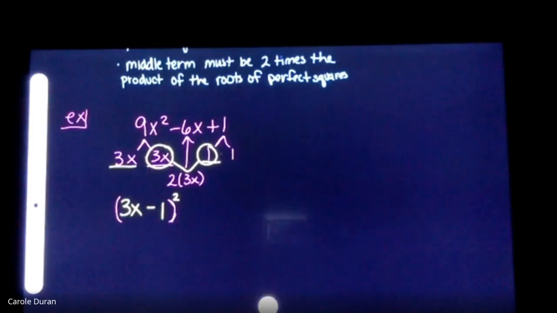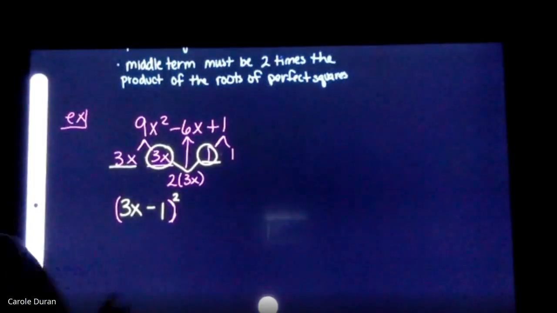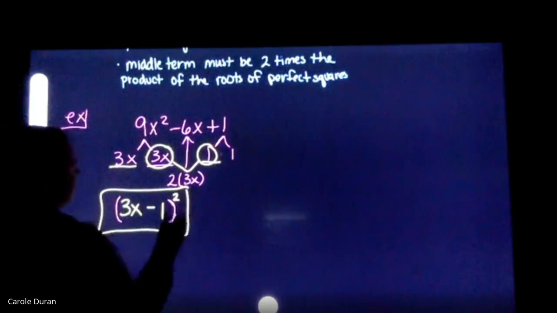And then if it gets the same number, it doesn't have to have the same sign, but it has to be the same number. Correct. But if it's the same number, then it works, right? Yes. And then our answer would be 3x minus 1 squared. Yes. Okay, I want to make sure about that. Thank you very much.